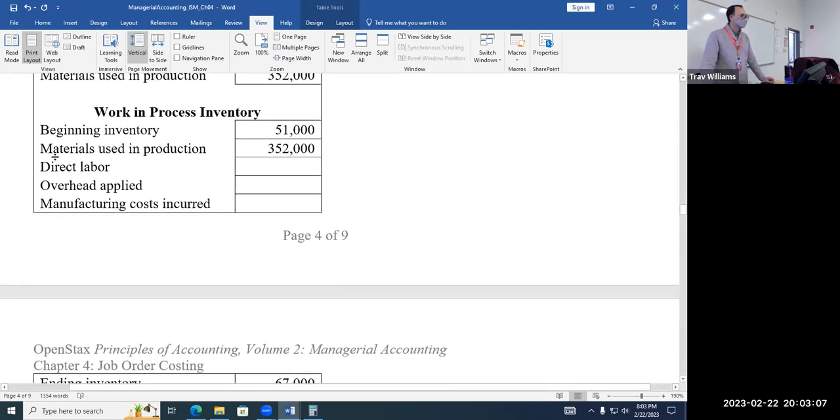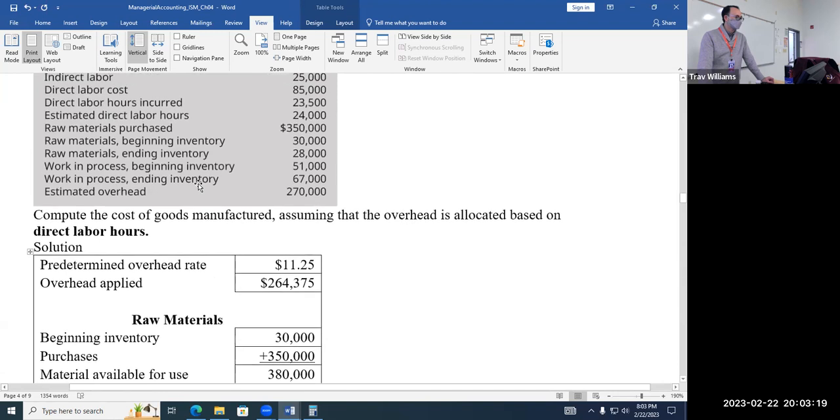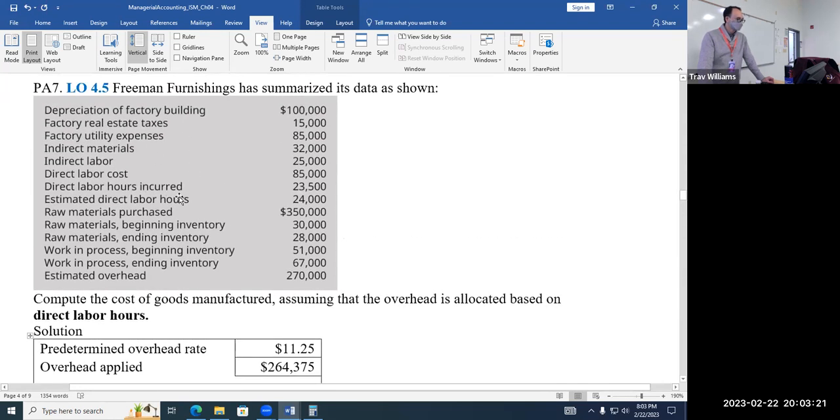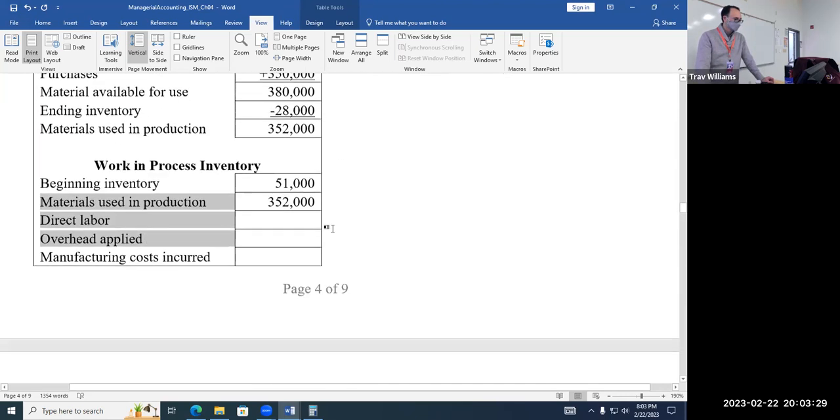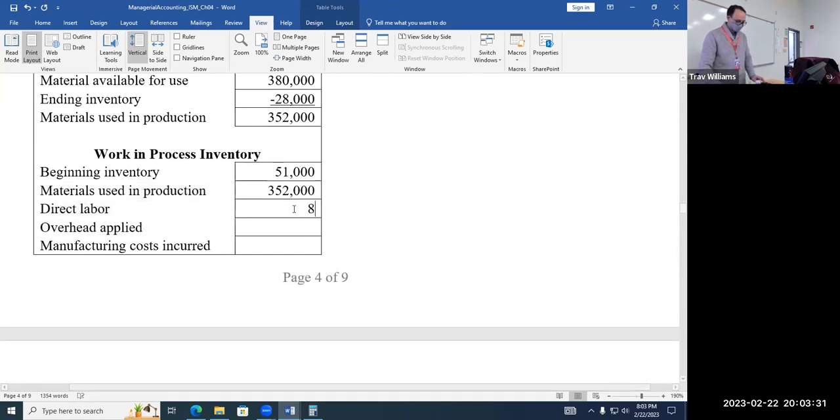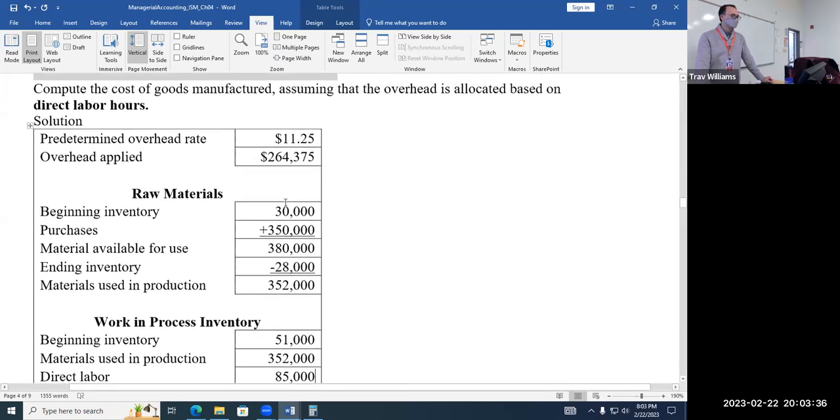Now remember, with work in process inventory, we're adding not only materials, we're also adding labor and overhead, right? So let's see how much direct labor costs we added. Direct labor cost is $85,000. And then overhead applied, we already calculated that, remember? That was this 264,375 from up here.